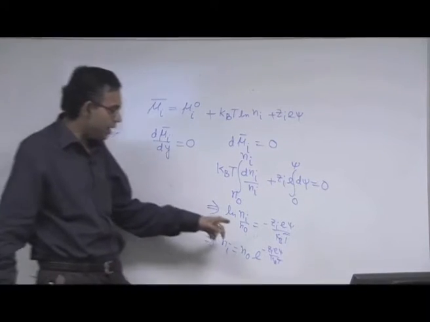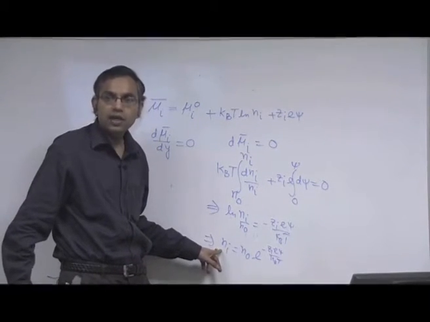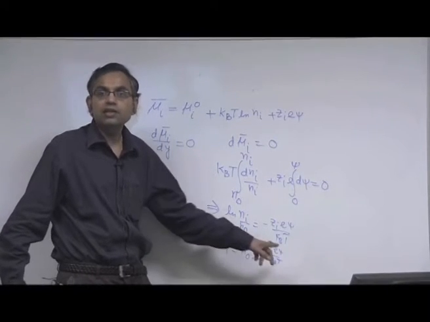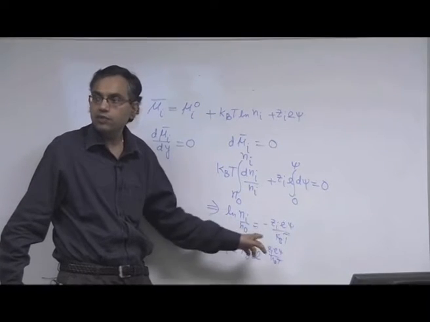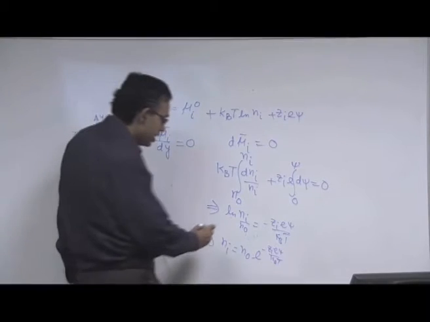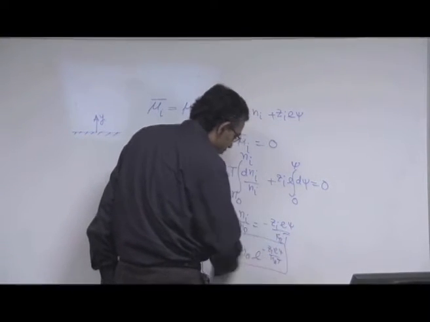So you have been able to successfully express the concentration, the number density of ions of the ith species, as a function of potential. This is known as the Boltzmann distribution.